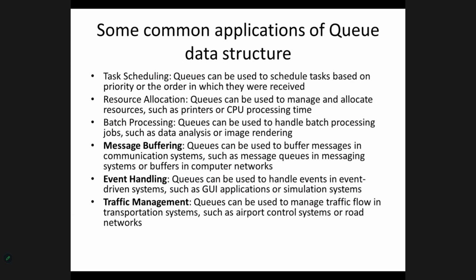We can organize this data in a queue and do task scheduling in a much more efficient way. Resource allocation: a queue can be used to manage and allocate resources such as printers and CPU processing time. Batch processing: a queue can be used to handle batch processing jobs such as data analysis or image rendering. All this data will be stored in a queue and processed in an easier way.